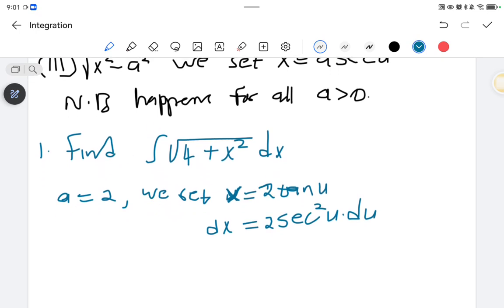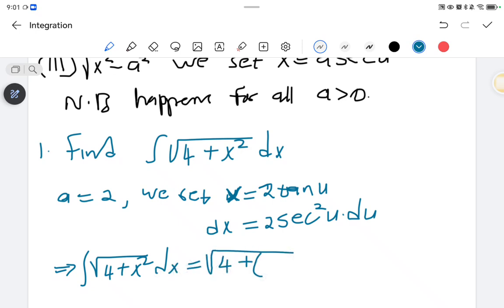Then we go back to the equation. The integral of the root of 4 plus x squared dx will be equal to, we have 4 plus our x, which is 2 tan u squared, and our dx is equal to 2 sec squared u du.